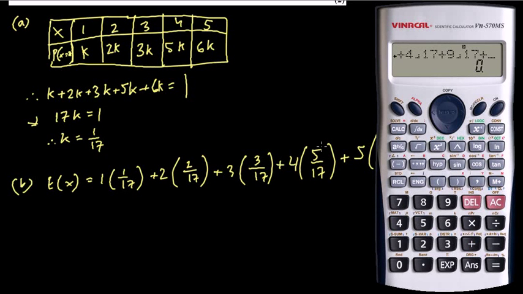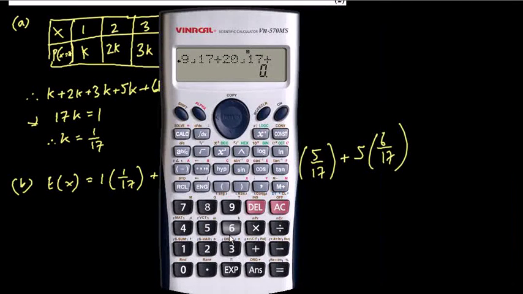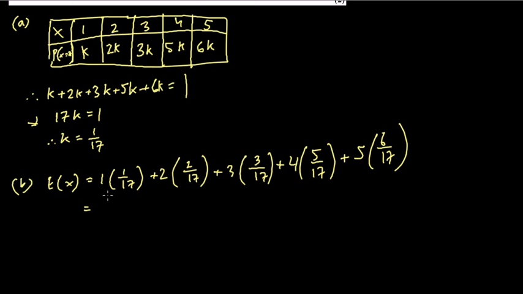Plus 4 into 5 by 17 is 20 by 17. Plus 5 into 6 by 17 is 30 by 17. It's much easier to do this calculation, so this would be shift ABC, 64 by 17. So the answer would be 64 by 17.